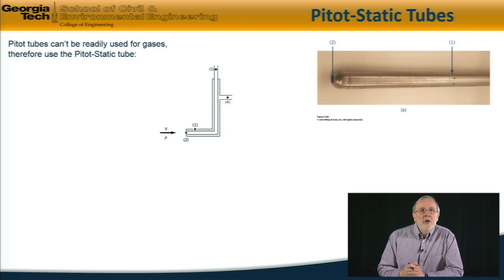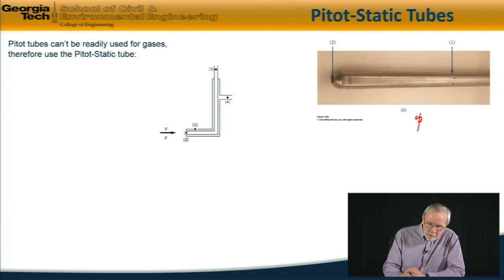Now, Pitot tubes of that type can't be readily used for gases. Therefore, we often use another device called a pitot-static tube. And the pitot-static tube, shown in the photograph here and the diagram here, simultaneously measures the stagnation pressure and the static pressure in a flow.